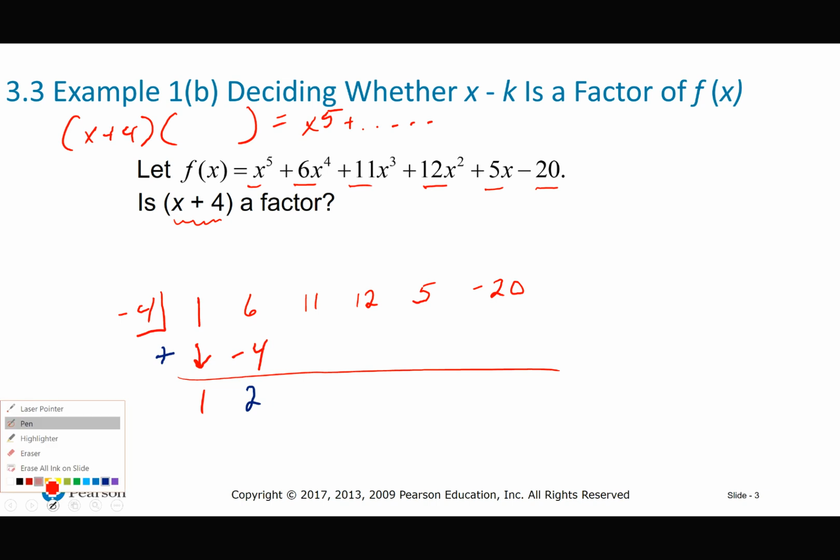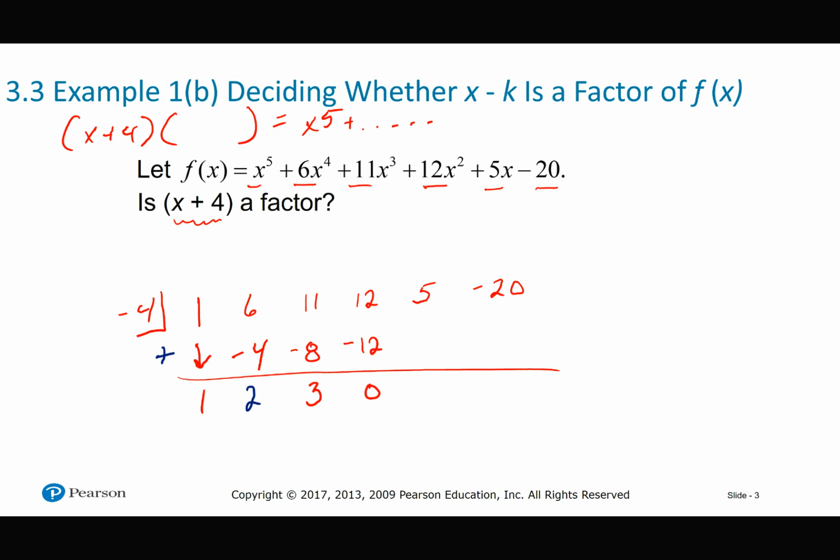Okay, and then as we keep going, 2 times negative 4 would be negative 8. Add these together, I end up with positive 3. This becomes negative 12. 12 plus a negative 12 gets me 0, but that 0 is important.